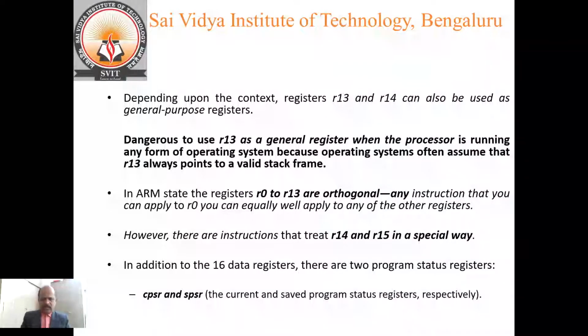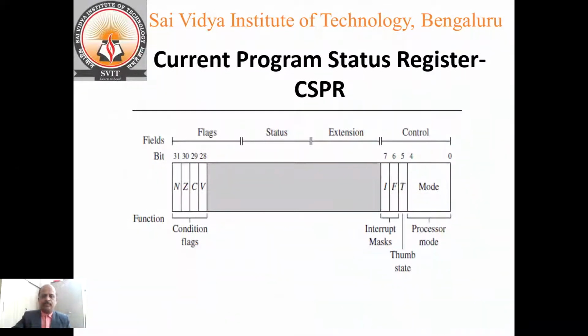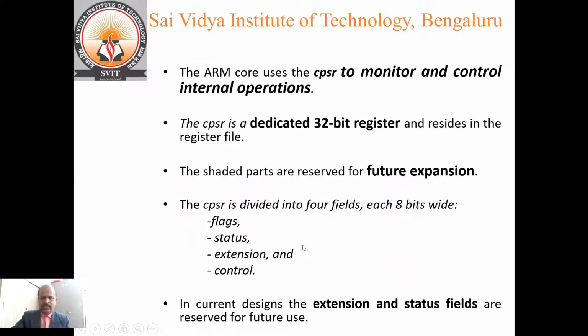In addition to the 16 data registers, there are two program status registers, CPSR and SPSR, the current and saved program status registers respectively. This is the 32-bit current program status register, called the CPSR. It is divided into 4 fields, each 8 bits wide: flags, status, extension, and control.